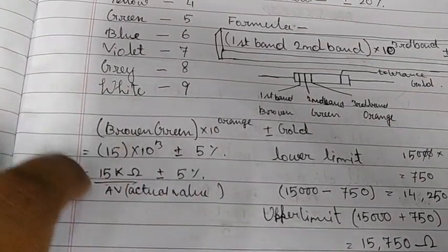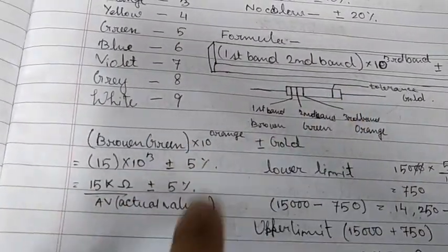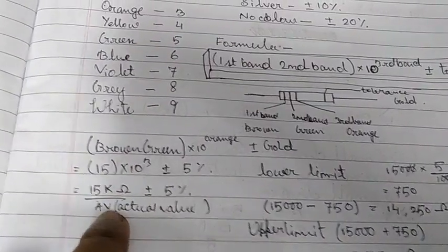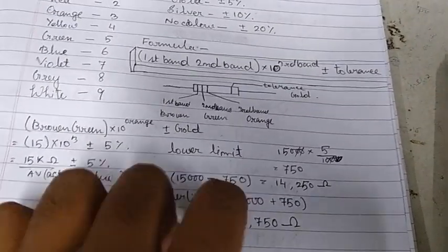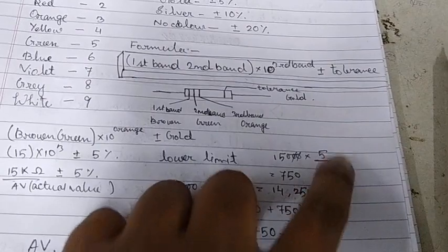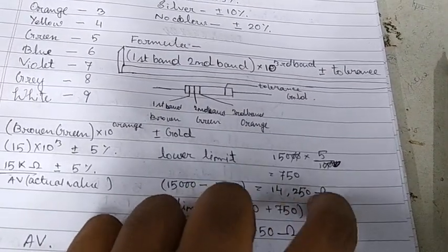So 15 kilo ohm, what we are getting by calculating the 3 color bands excluding the tolerance, that is the actual value. Now to calculate the tolerance, this is the lower limit. First you find out your tolerance.